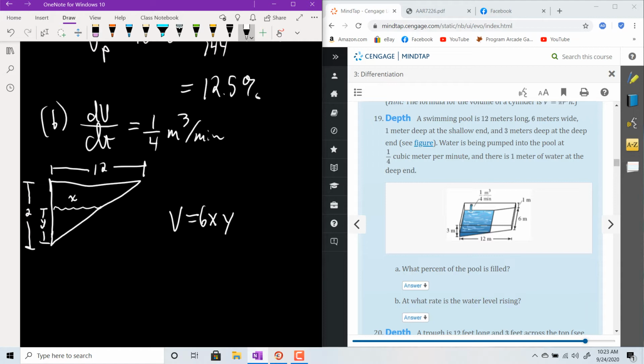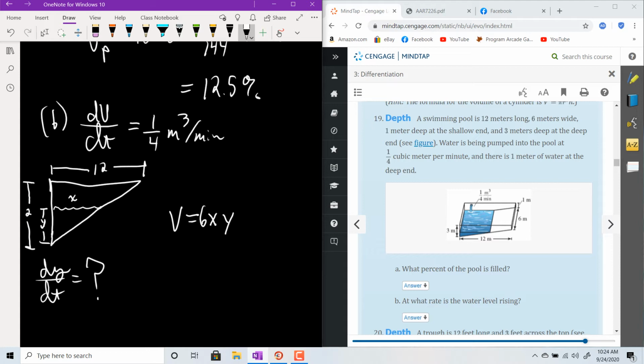If you read part B, at what rate is the water level rising? So it's really the change in y with respect to time that we're after. I do know the rate of change of volume. So if I can do related rates with y and V, then I'm going to be able to answer my question.